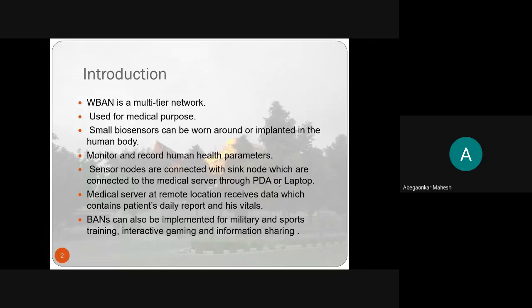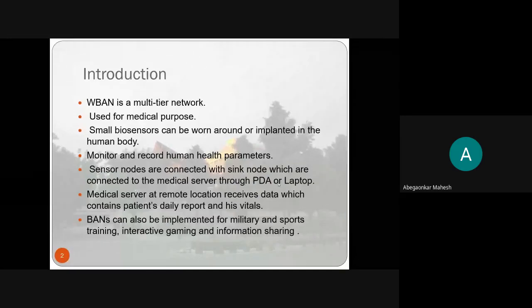Those applications include sports training. You could have something fitted in your shoes or on your leg to know certain parameters, or you could monitor your heart rate while you're running and so on. These applications are coming up, and there's a huge market for this as well.